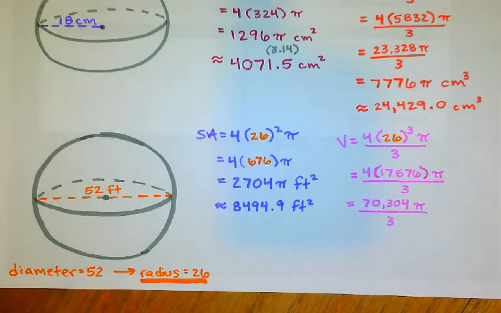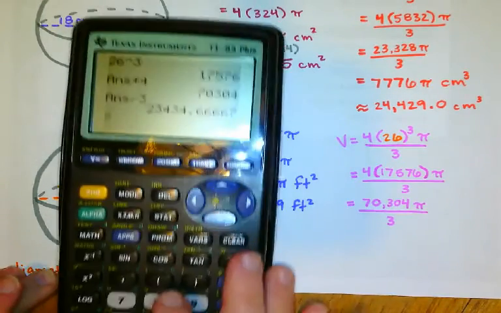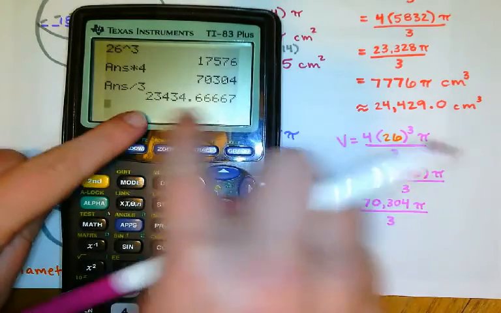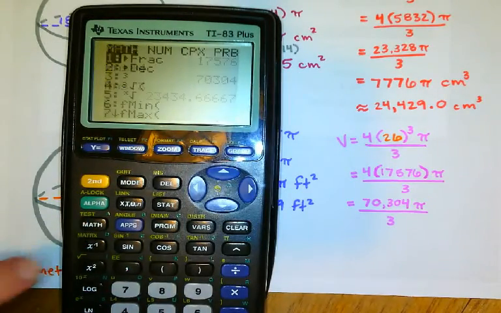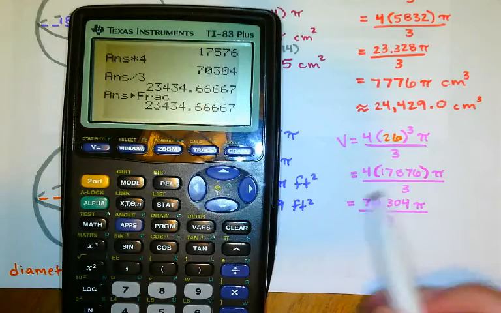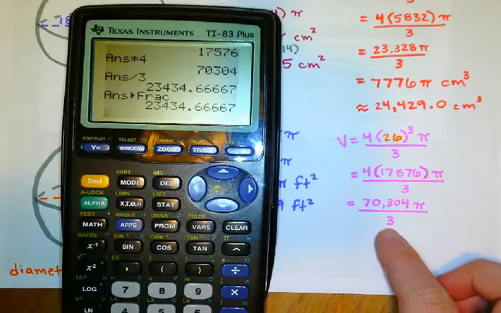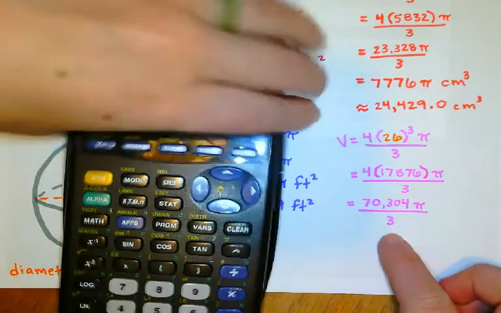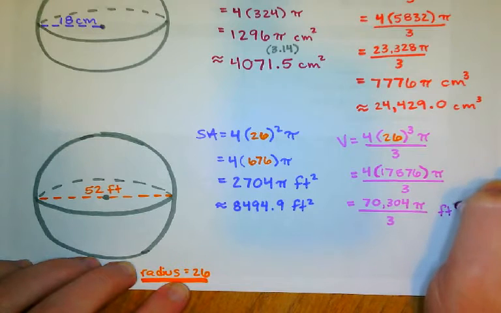Because if I put it in fraction form on my calculator, I've got an old calculator, but here's what I've got. And we get this decimal, right? If I press math and then make it a fraction, this is the most simplified fraction we can get since my calculator couldn't do it for me. So we could leave it like this and say this is feet cubed.